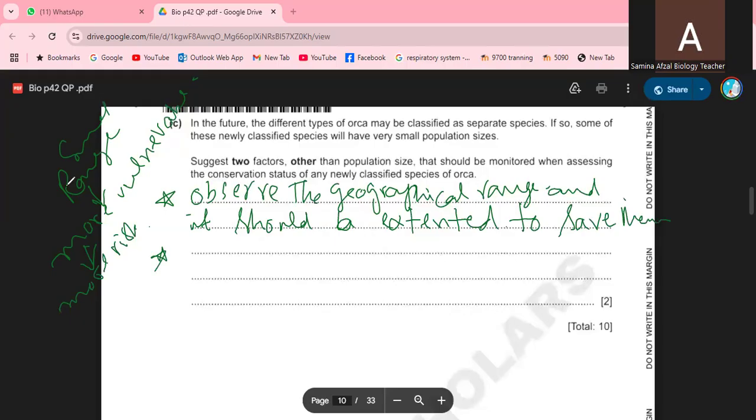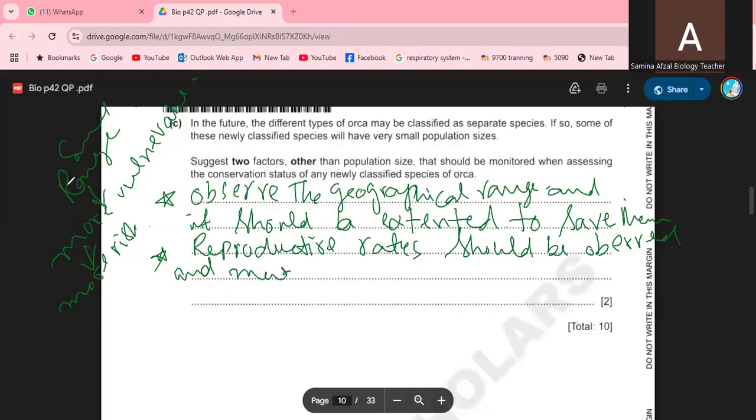The other is their reproductive rates, which should be observed and managed to save them from extinction.